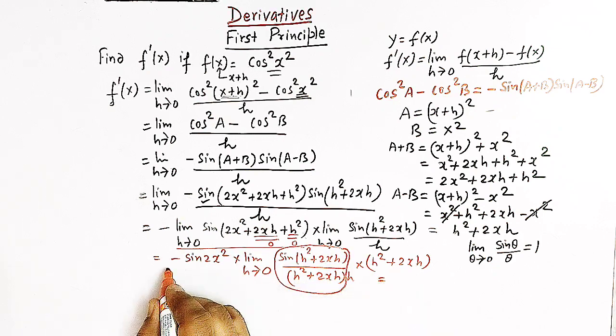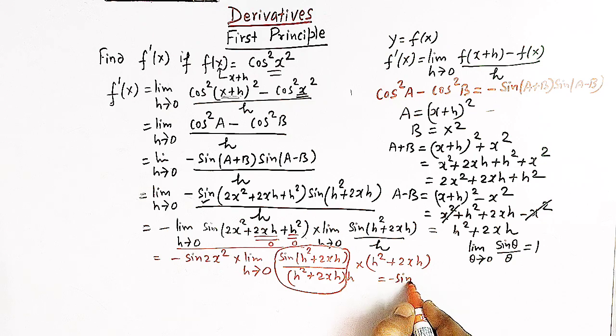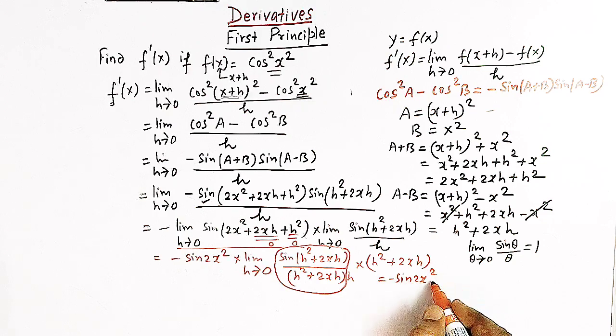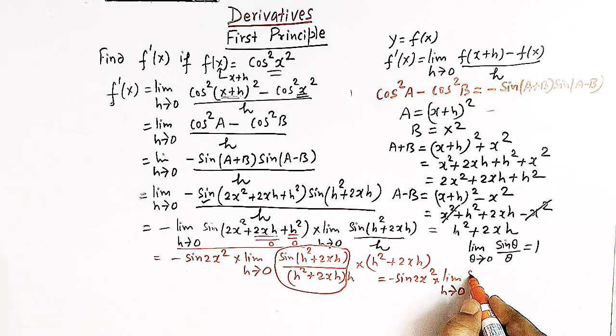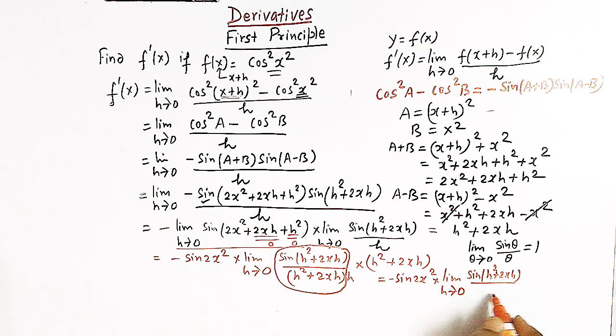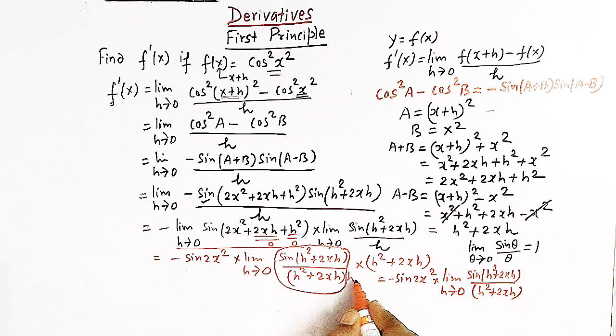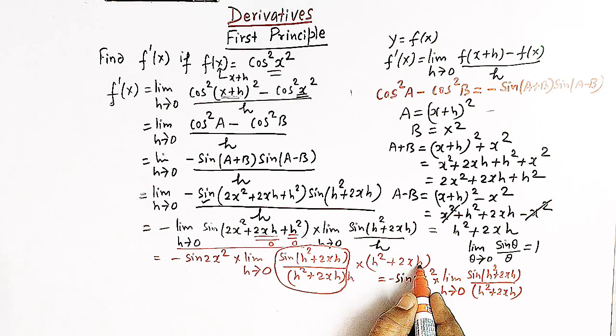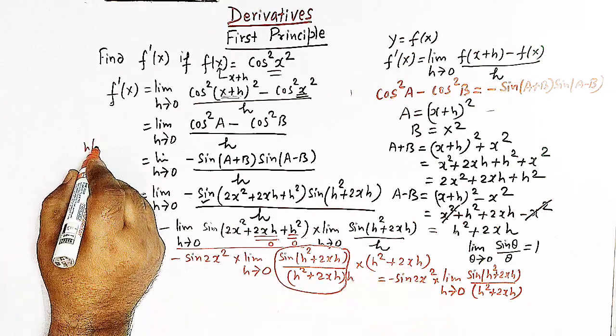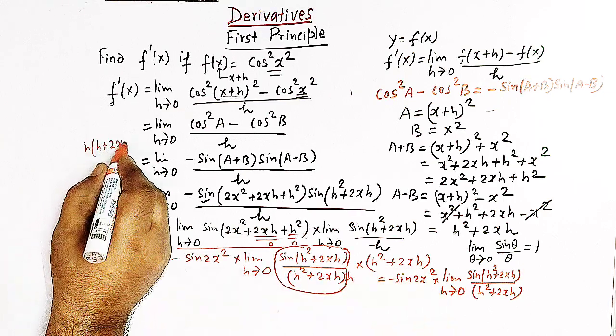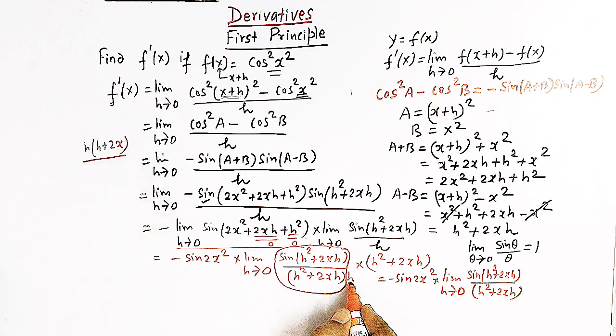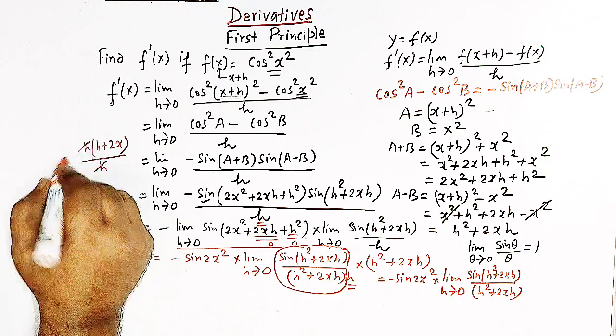So now we can write negative sine 2x square, and then we have limit h tends to 0 sine h square plus 2xh over h square plus 2xh, and now from here we can take h common, so we can now write h plus 2x, and in the denominator we have this h, and this h and this h get cancelled.